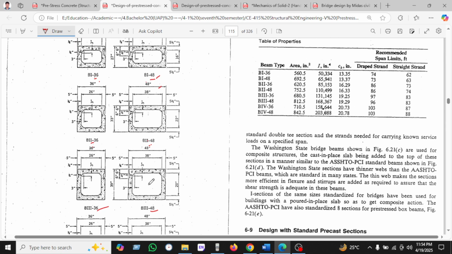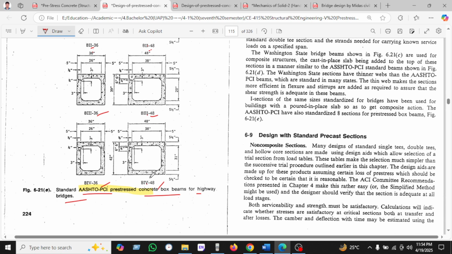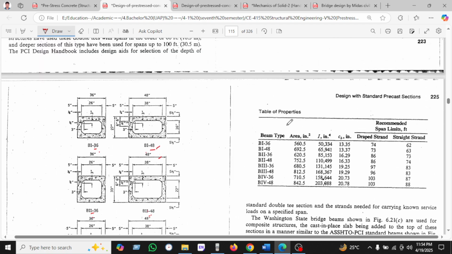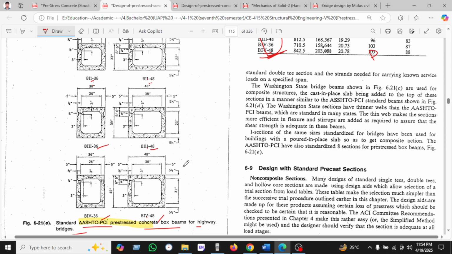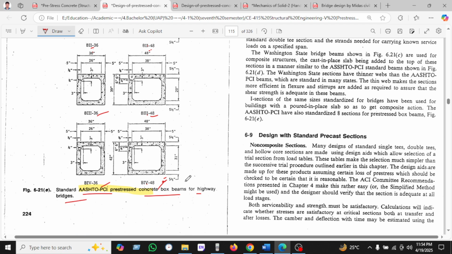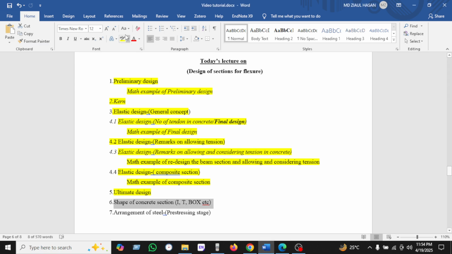All the standards are given here. Then we have the table of properties, beam sections BI-36 to BI-4, with area, moment of inertia, CB, and the recommended span length, which depends on the standard and is straightforward. The maximum is 103 feet, using B14, that means this profile.